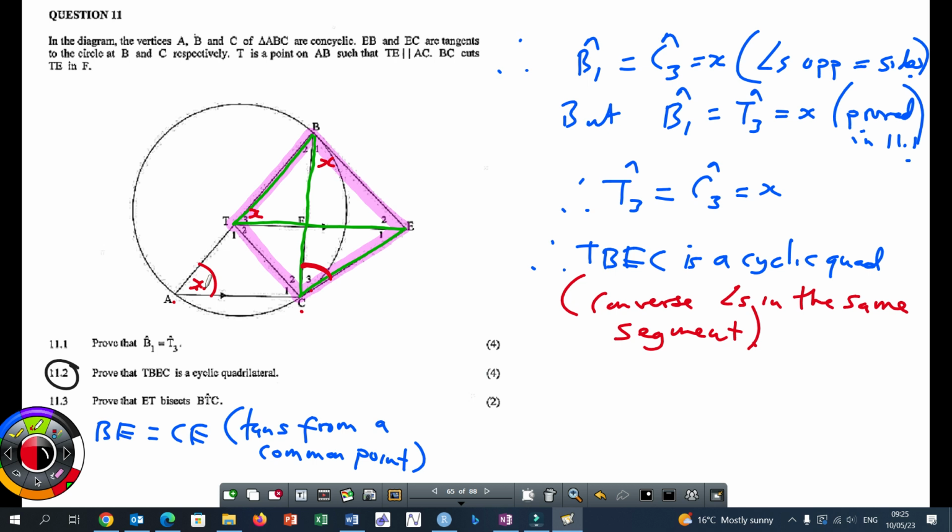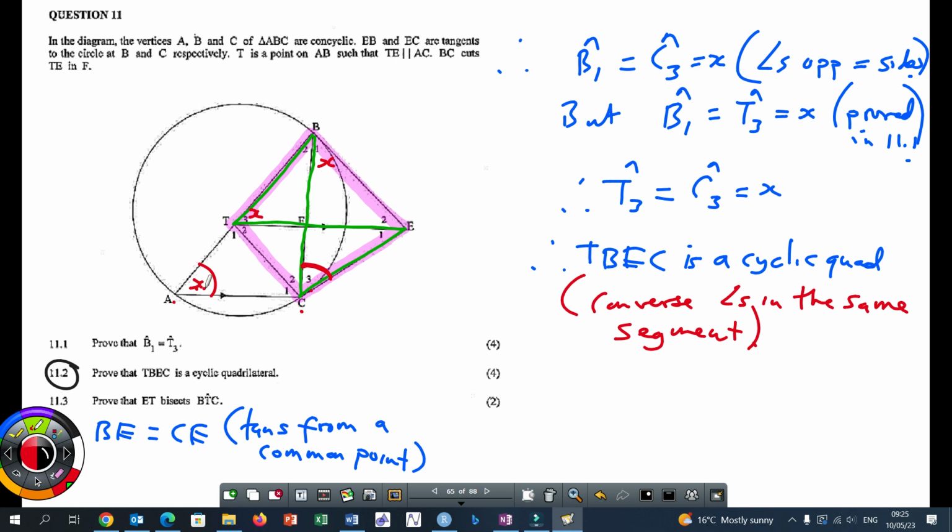They are all equal to X. Angle A, T3, B1, and C3. So you are spoiled for choice there because you've got two ways of carrying on. I hope you are getting it. Can I carry on?